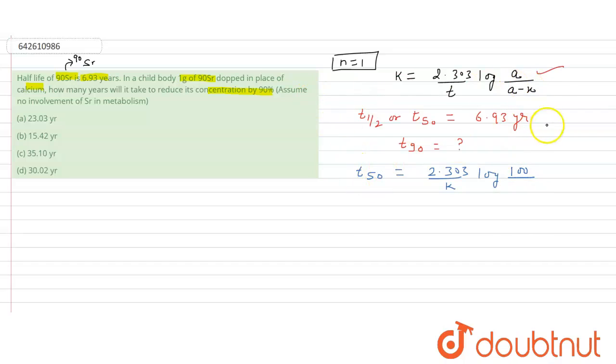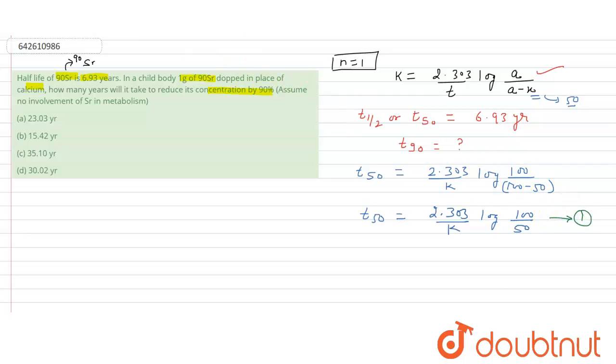If I talk about T50, the value of X becomes 50, so the remaining concentration is 100 minus 50. If I solve it, T50 is equal to 2.303 divided by K log 100 by 50. Let's say this is our equation first.